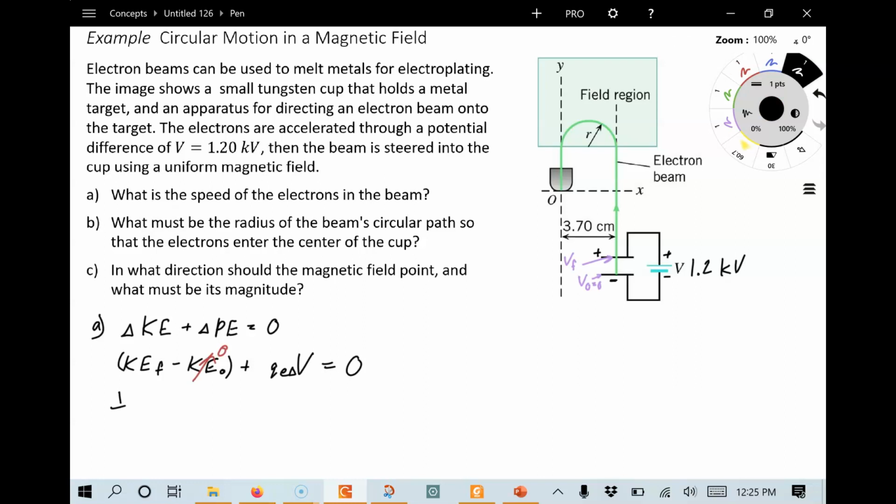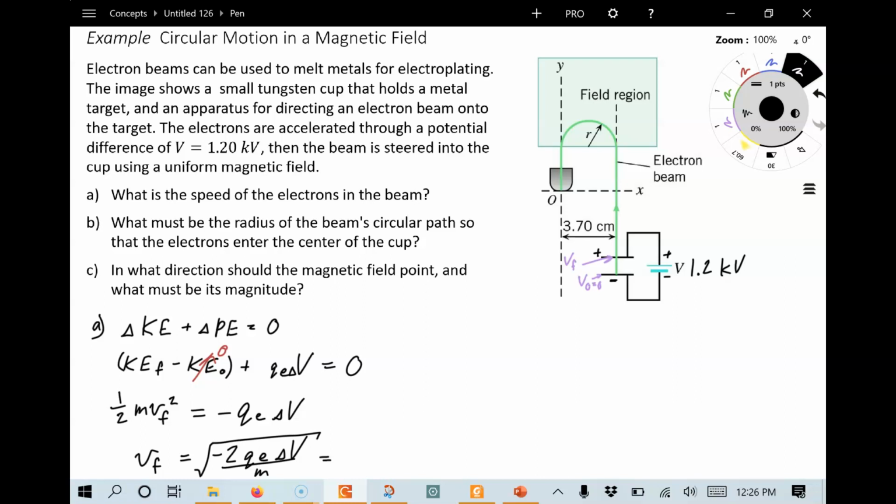And we know this is 1/2 m v final squared. Let's go ahead and subtract this to the other side. So I'm going to minus the charge of the electron times the potential difference. We're going to solve for v final. That means multiply by 2 and divide by m, and then take the square root of both sides.